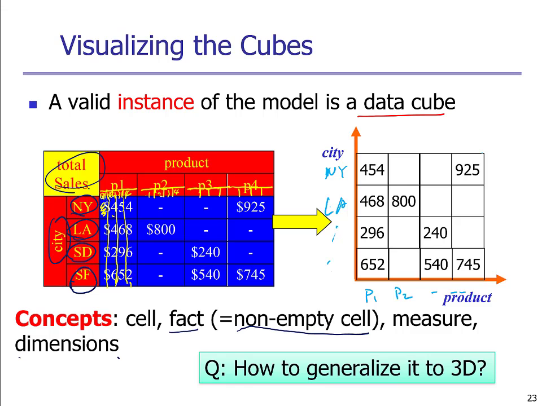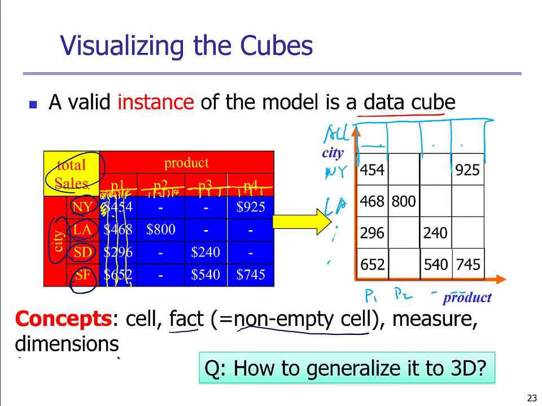Then we can expand this data cube. So this is for all cities, and then we can do the aggregation to sum up the numbers in this column. We can get the numbers here, and so on and so forth.